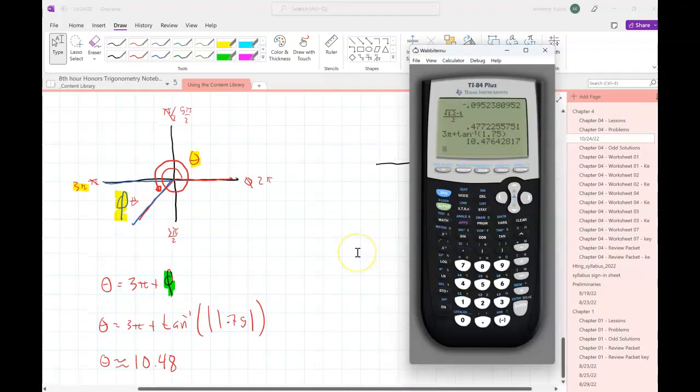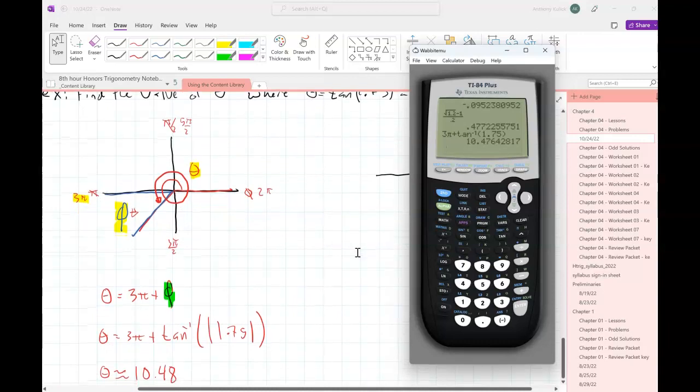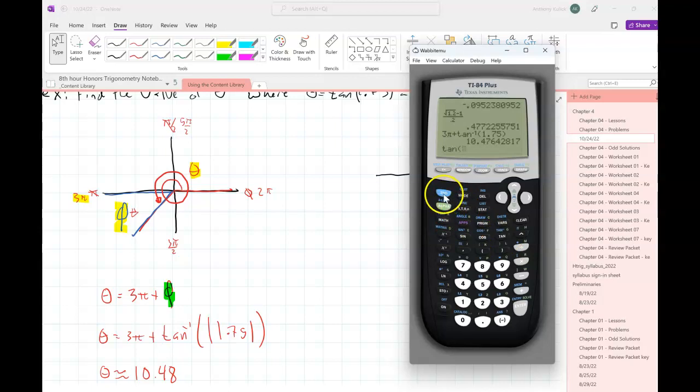I want to point out two things to you. If I wanted to check this, I would need to do two things. First, I should check to make sure tangent of 10.48 gives me 175. Well, that's good. And the second thing I'd want to check is that 10.48 is between 3 pi and 4 pi.